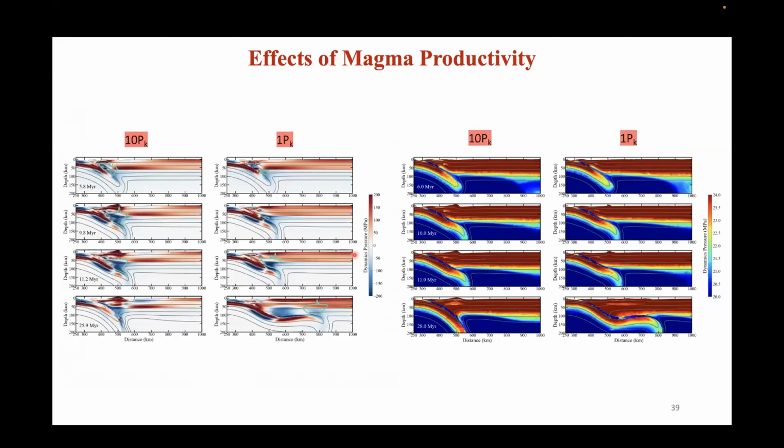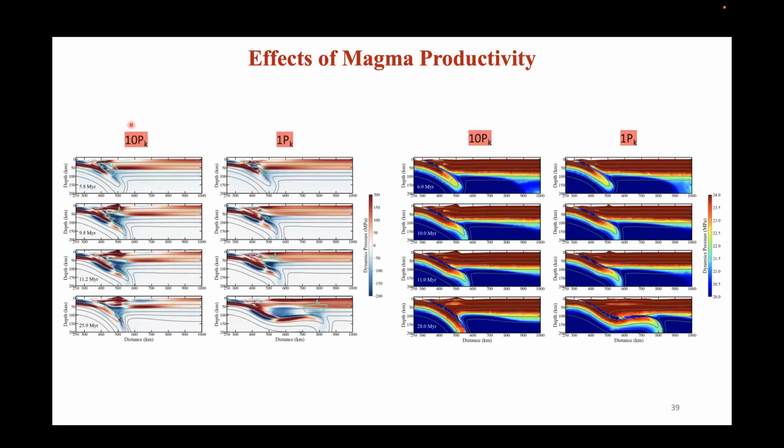And we can change the magma productivity. So here, this is the reference model. We use the PK. The exact value is not important because this is a parameterized value. We cannot compare it with any observation. So with this value of magma productivity, we generate a flat slab.